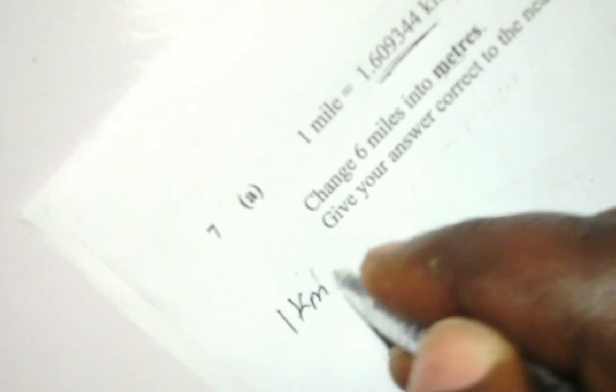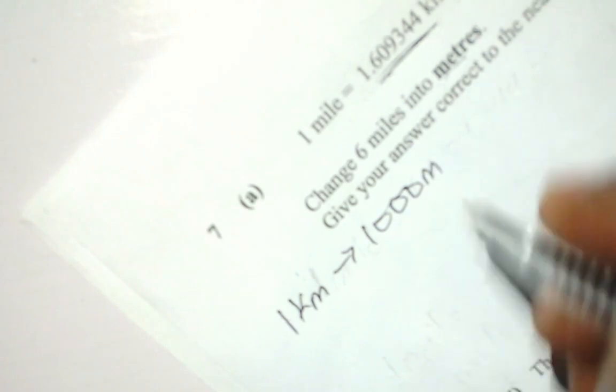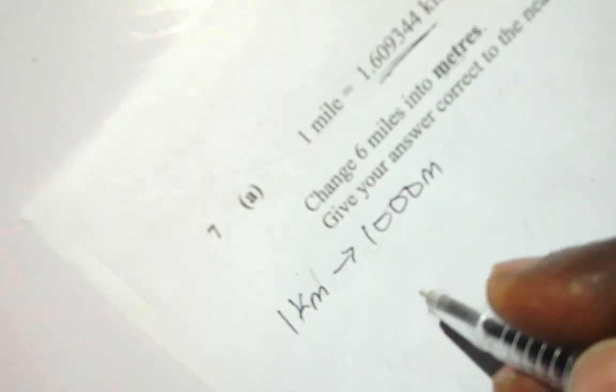First of all, 1 mile is equal to 1.6... kilometers. And here they want us to change 6 miles into meters. That means we need to convert this kilometer to meters first. We know that 1 kilometer is 1,000 meters.